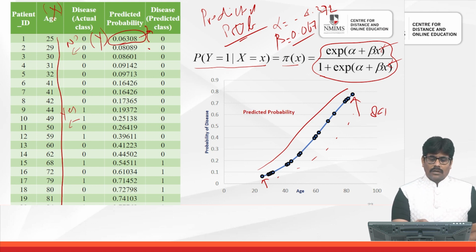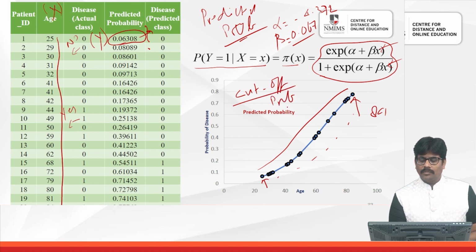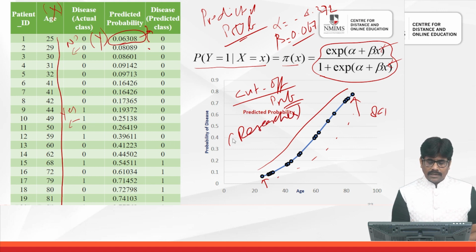Now the output of logistic regression is a probability, but essentially what we want is whether it is a 0 or 1. How do we do that? Then we decide something like a cutoff probability, right? So we decide a cutoff value for the probability. Who decides that? The researcher decides it, right? So in this case, they have taken 0.5.